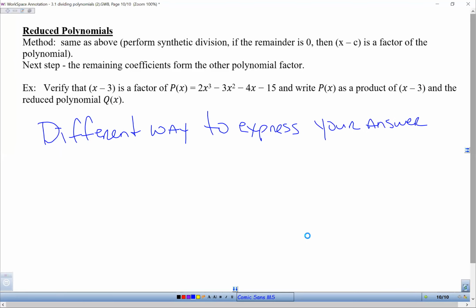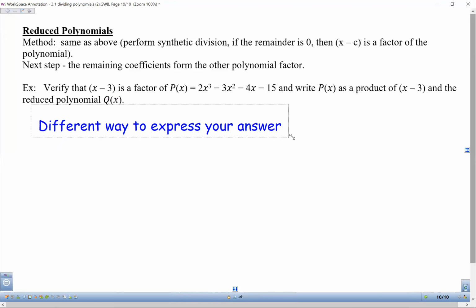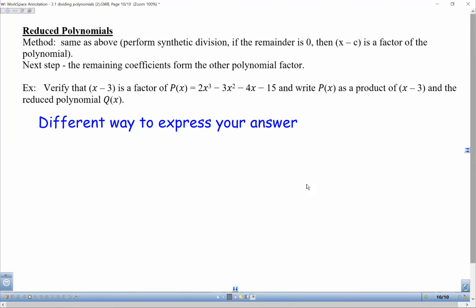Okay, so we're still doing synthetic division. We're still doing the entire process the same way, but when we get done, we're going to write the answer in a different form. And the way you know that it's going to be in that form is you're going to see the words reduced polynomial.